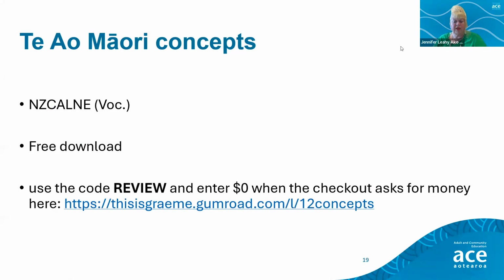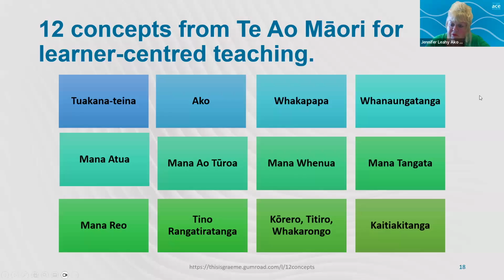Graham did a lot of research for the New Zealand Certificate in Adult Literacy and Numeracy Educator Vocational a long time ago, and this is some of the research that he came up with. If you use that code, you will get all of the information about this last slide.